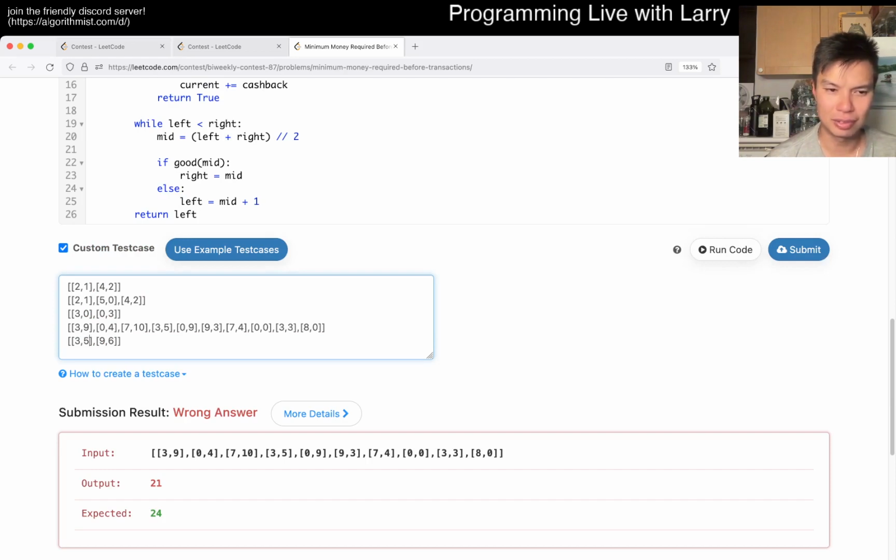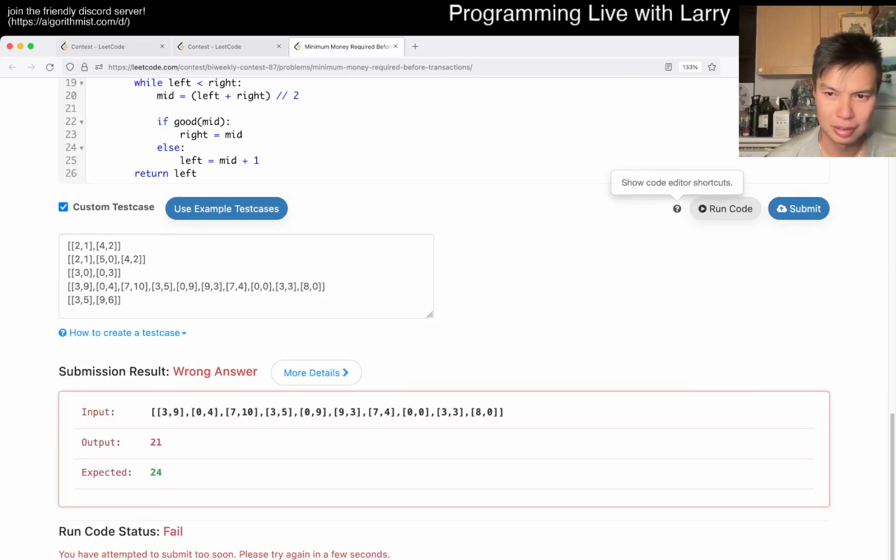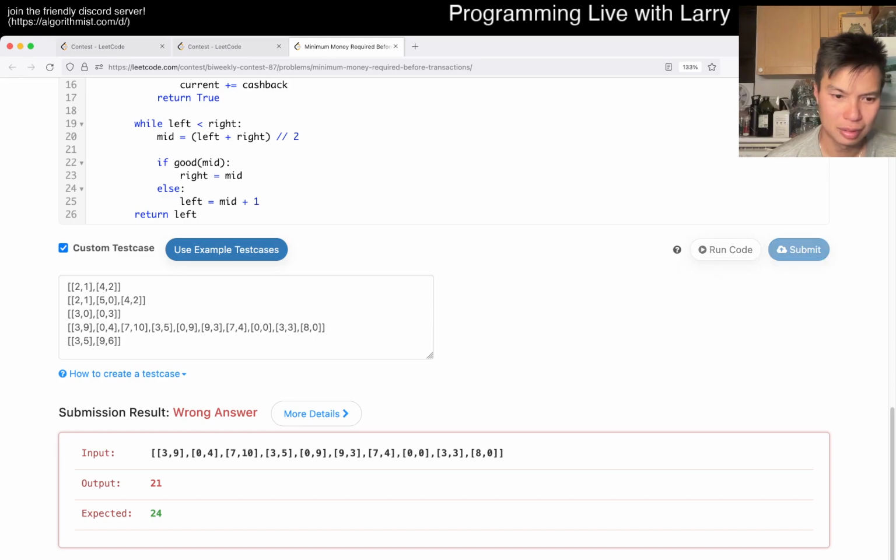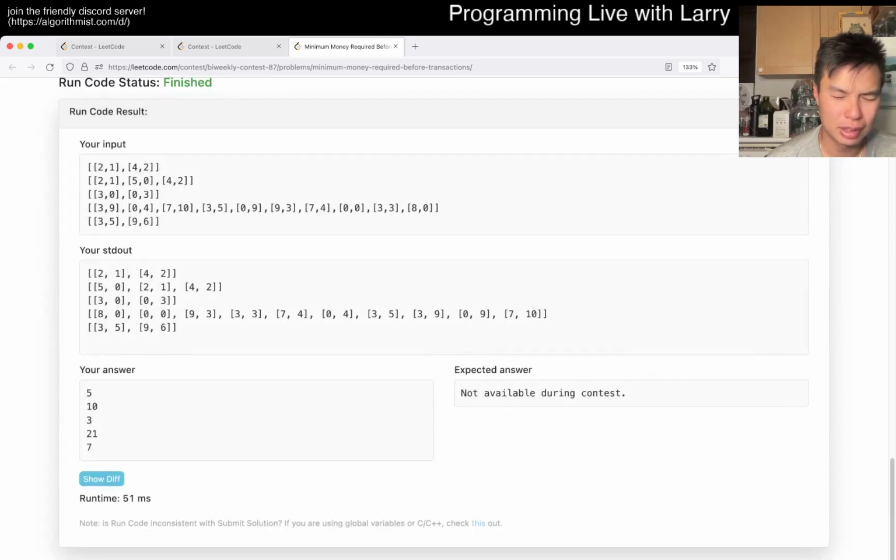Do I still want the 9 first? Now it's going to be a 7 because now clearly you still want this one first because then the 7 will not pass.